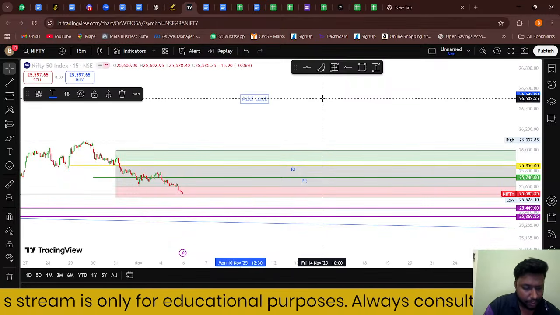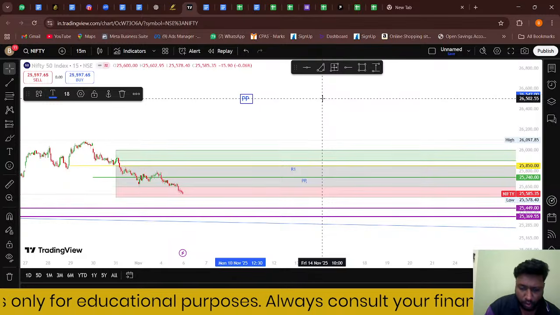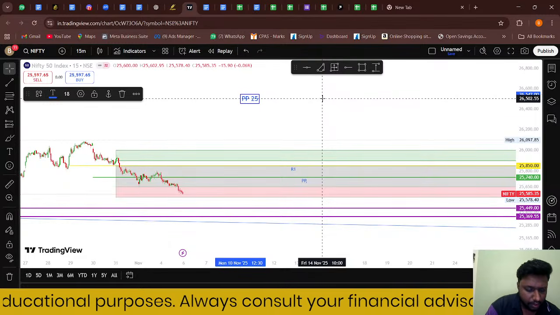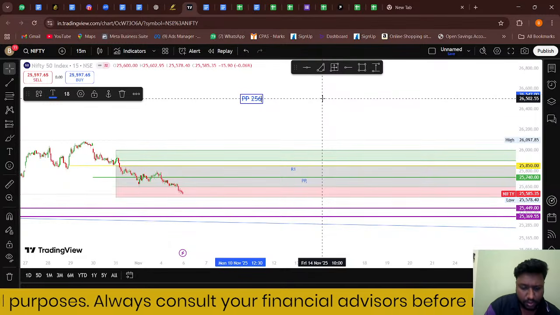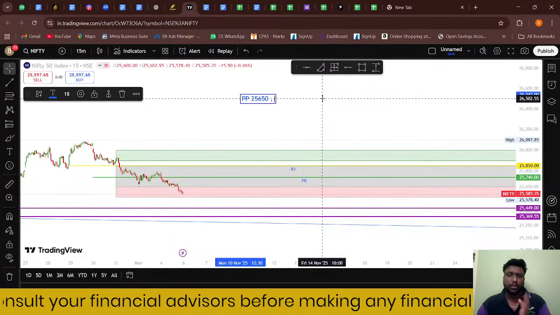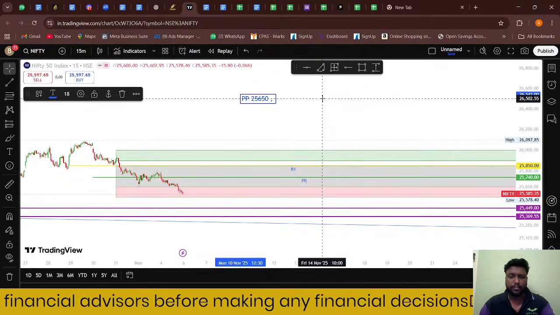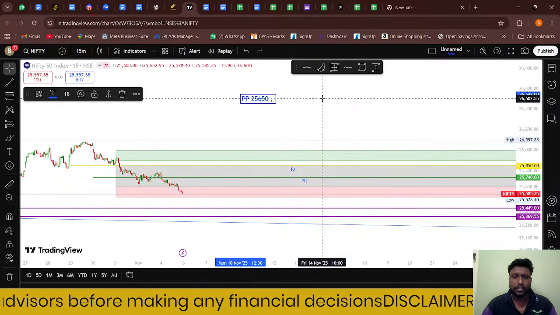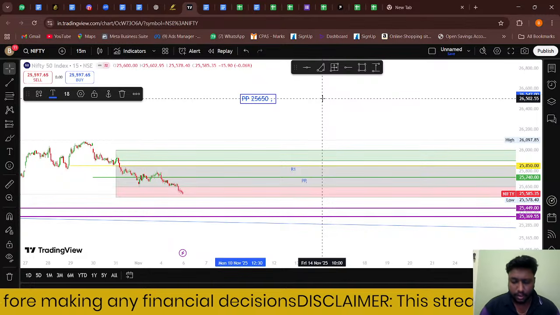So I'll start with the points. For Nifty, the pivot line now lies at the 25,650 range. This is not the exact point, but we are considering this range as the pivot point.